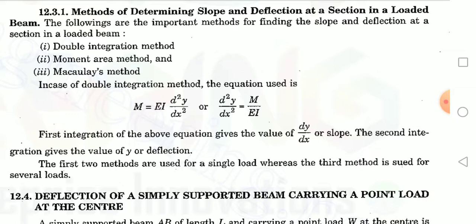The formula for bending moment is M equal to EI d squared y by dx squared, that is the differential equation d squared y by dx squared equal to M by EI. So here dy by dx denotes slope and d squared y by dx squared relates to the deflection. The first integration, dy by dx, gives the slope, and the second integration gives y.